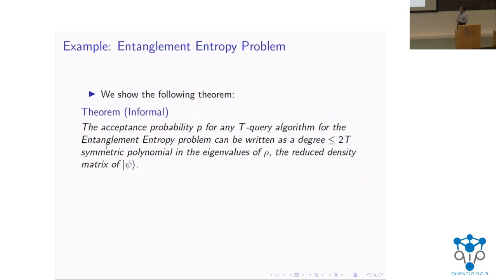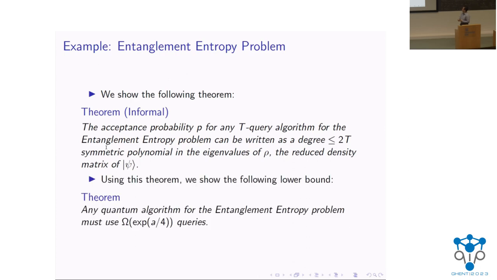And this leads us to another of these symmetrizing theorems. Basically, if you're invariant under these local unitaries, you only depend on the eigenvalues of one half of them, this reduced state rho. This gives us a lower bound for the entanglement entropy problem, which is exponential in A.